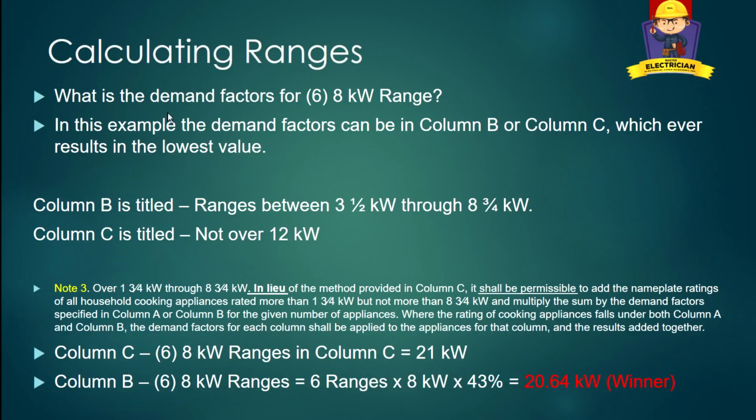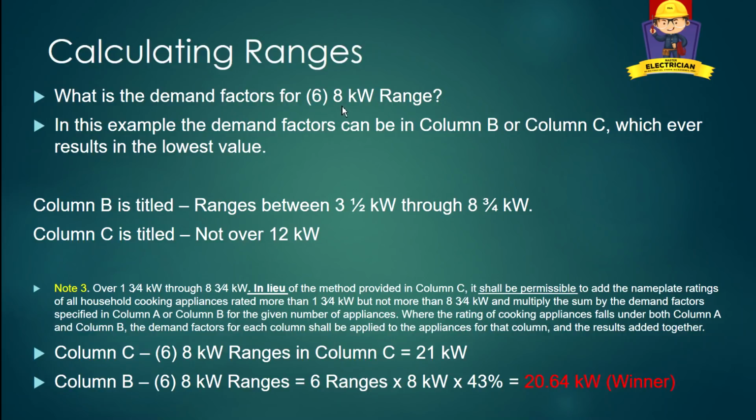Now, what are the demand factors for 6 8 kW ranges? Well, in this example, the demand factors can be in column B or column C. Again, we're still in that same scenario as we were just a second ago because it is simply 6 8 kW ranges. All right.